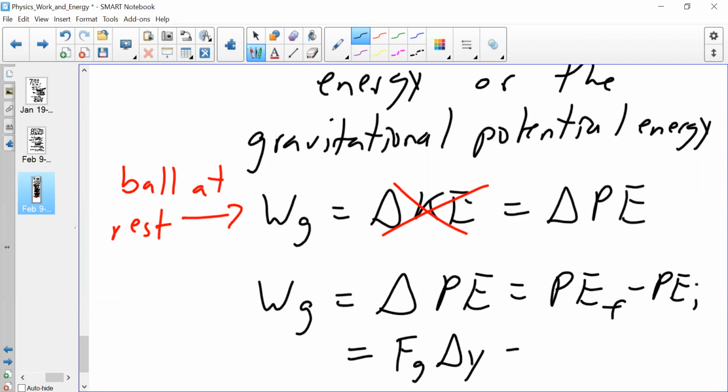Now, force due to gravity is mg from first principles. Mg is the force due to gravity, and delta y is going to be y final minus y initial, the change in the vertical height.